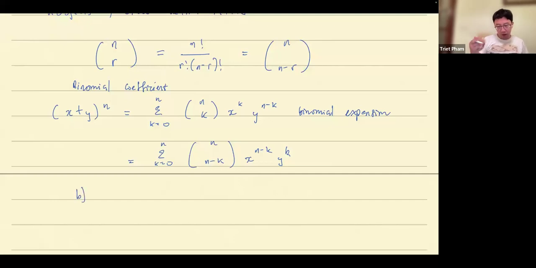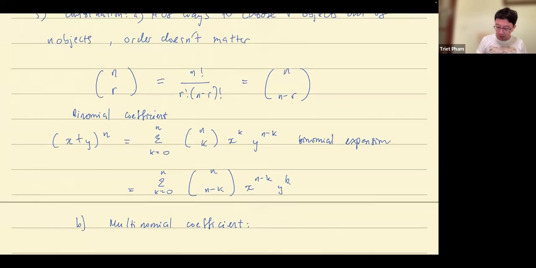Now there is a generalization of this, the multinomial coefficient, which you should realize is a generalization of the binomial coefficient.